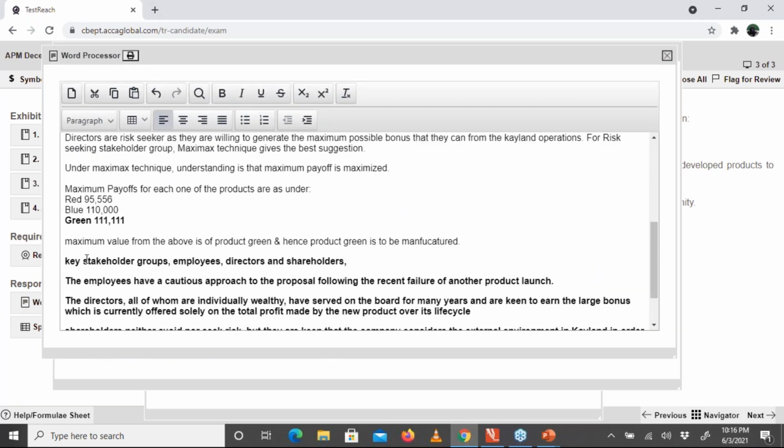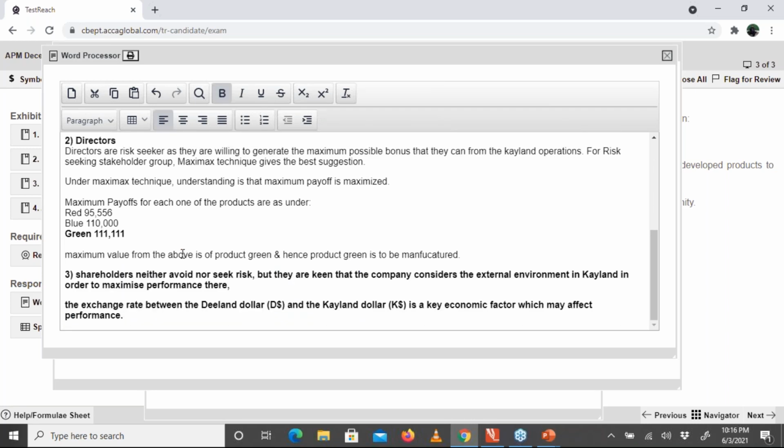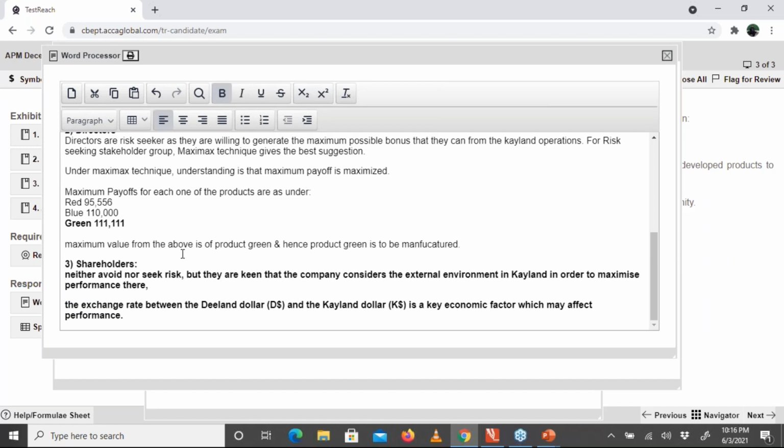Now, the third one of them is basically the shareholders. The shareholders, what actually happens for them is that the shareholders are risk neutral. I repeat, the shareholders are risk neutral.